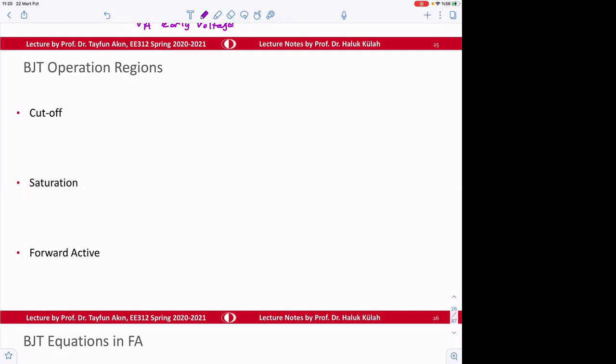So operation regions, we call it cutoff region if both VBE is less than VBE on, which is like 0.7 volt, right? 0.7 volt. So that means the VBE junction is off. And then VBC is less than VBC on.